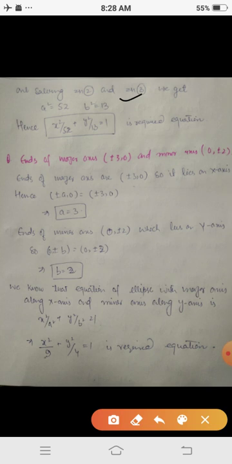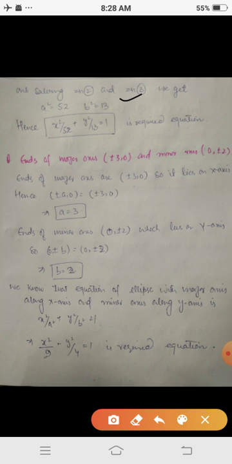Now another problem: the ends of the major axis, that is the vertices of this ellipse, are plus minus 3, 0 and the ends of the minor axis are 0, plus minus 2. We know that when the ends of the major axis, or simply the vertices, are plus minus 3, 0, it implies that the major axis, or the foci, lies on the x-axis.